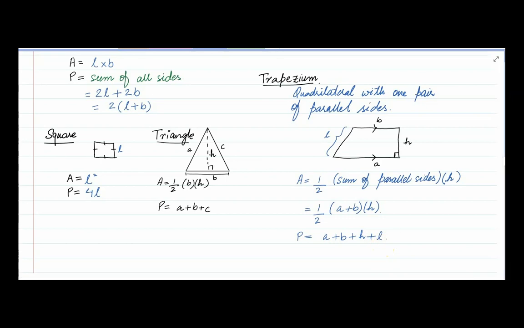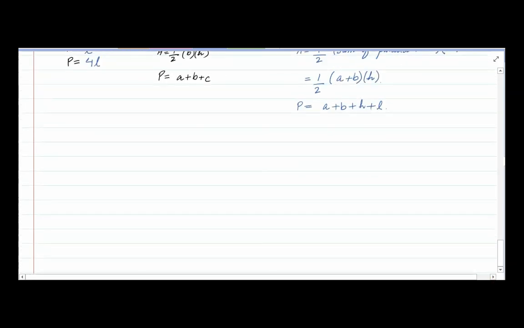Note it down and make sure that you write all the working formulas at such a place in your copy where you can find them easily, right? Alright, moving on to the next shape. The next shape is parallelogram. Now what is a parallelogram?